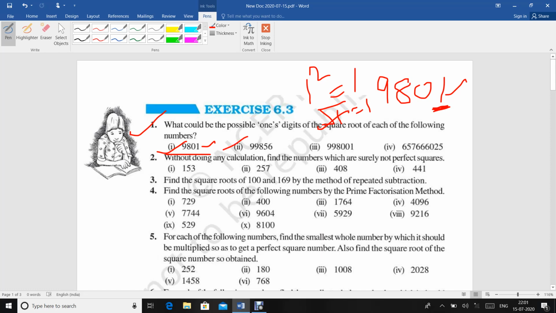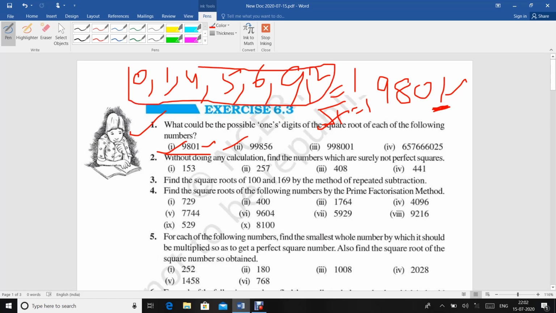So for this the unit digit will be 1. The next is 99,856. Since the unit digits of square numbers are 0, 1, 4, 5, 6 and 9, these are the unit digits of squares of numbers.